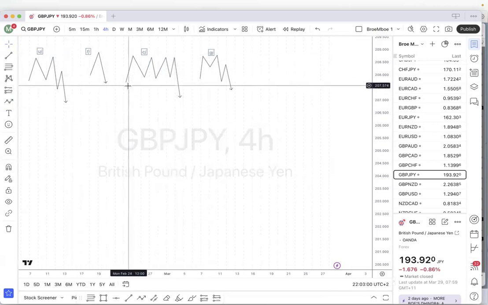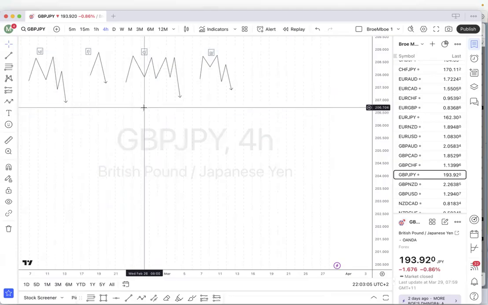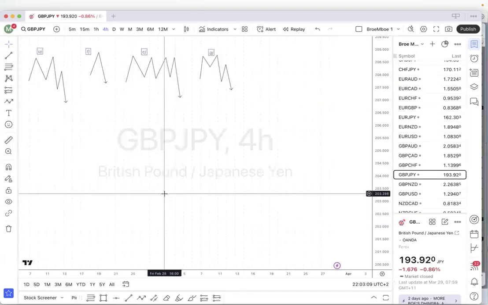So how do I know which one is going to give me a better move? It's very simple, but not simple.